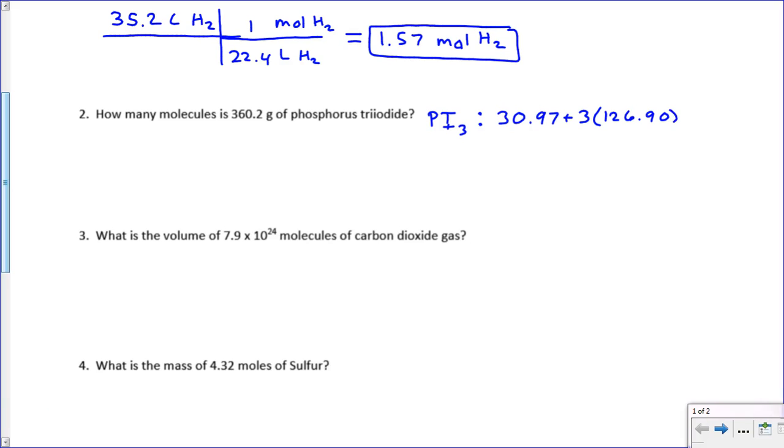All right, and if you add all of those up, you should get 411.67. And that's grams per mole.